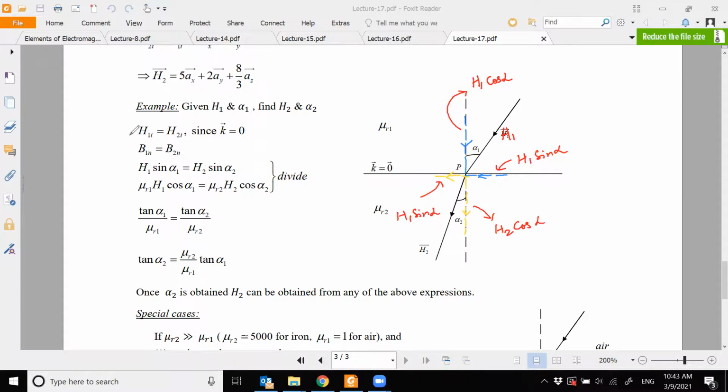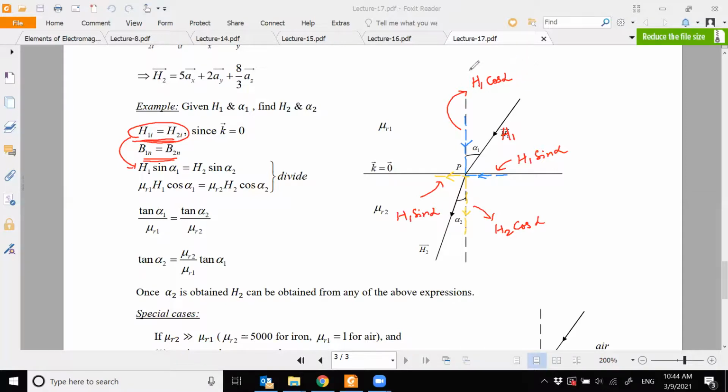Now substitute in the boundary conditions. H1 tangential is equal to H2 tangential, and B1 normal is equal to B2 normal. H1 tangential equals H2 tangential, which is H1 sine alpha 1 equal to H2 sine alpha 2. This blue and this yellow are continuous across the boundary. For the second boundary condition, B1 normal is equal to B2 normal. So it is H1 cos alpha.